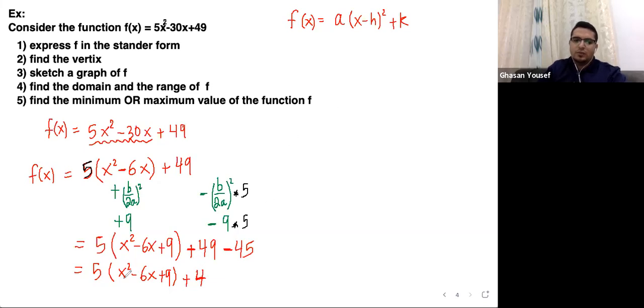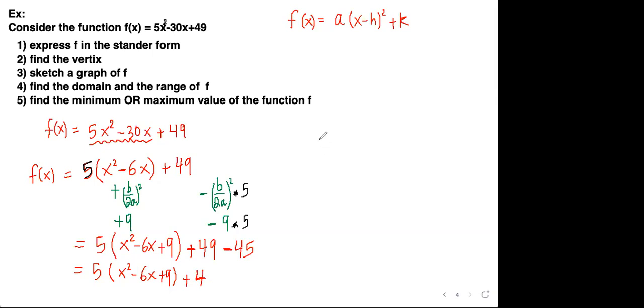Okay. To make f of x similar to the standard form, I have to complete the square here. I mean, we have to factor this inside. What is the factor inside? x minus 3, x minus 3 squared.